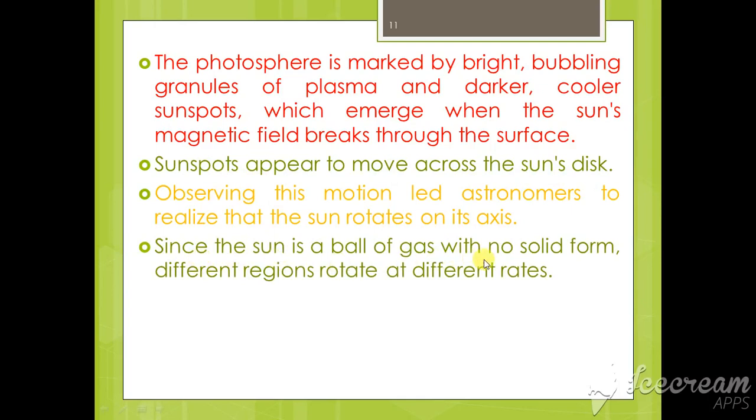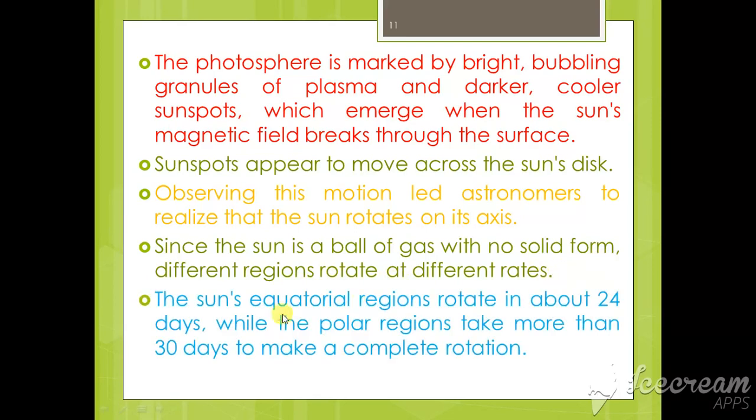Since the sun is a ball of gas with no solid form, different regions rotate at different rates. The sun's equatorial regions rotate in about 24 days, while the polar regions take more than 30 days to make a complete rotation. So the equatorial region rotates in less time, in just 24 days, while the polar region takes around 30 days or more.